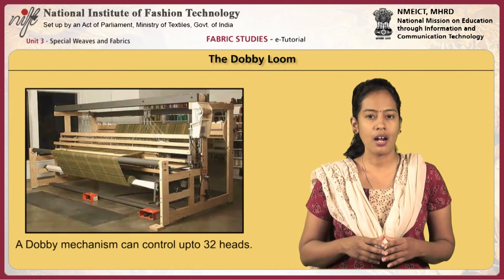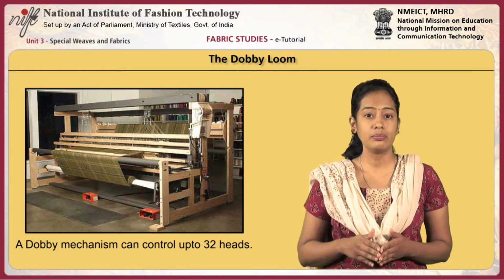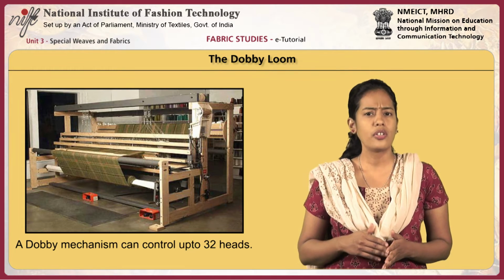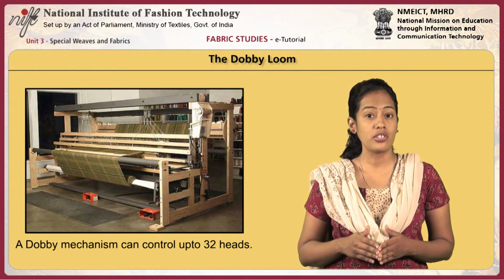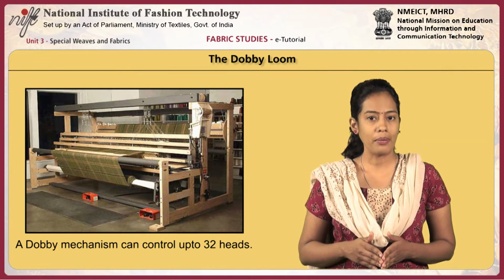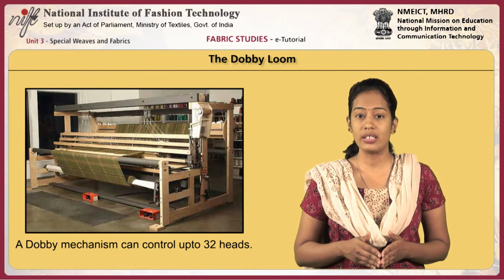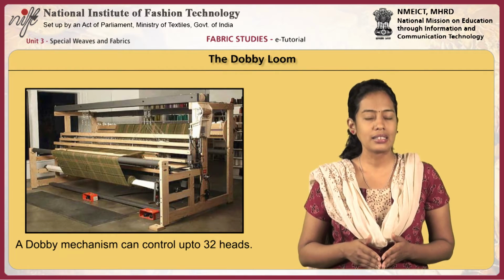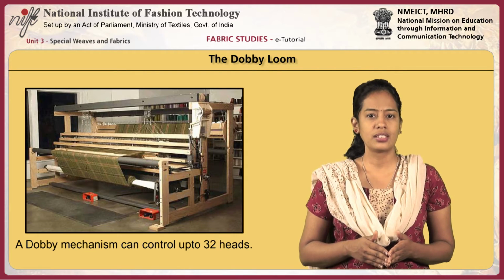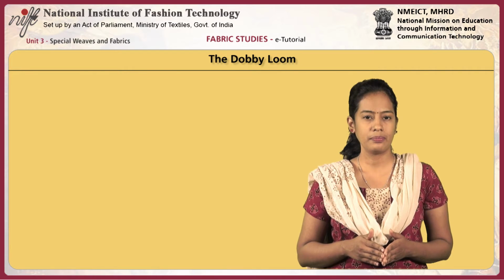Dobby weaves are manufactured in looms having a special mechanism called dobby looms. A dobby mechanism can control as many as 32 heels. More complex and expensive weaves can be created on this machine besides simple weaves such as plain, twill and satin.